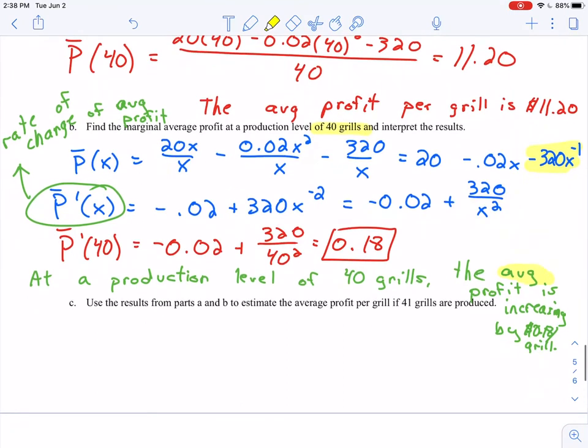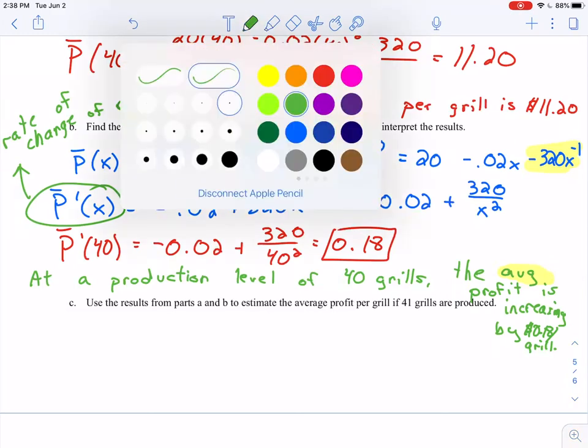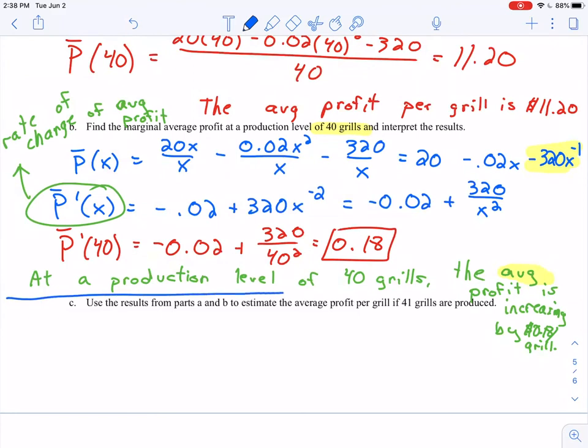Lastly, part C here, it says use the results of parts A and B to estimate the average profit per grill if 41 grills are produced. So let's think about what we know here for just a moment. Let me write this out.